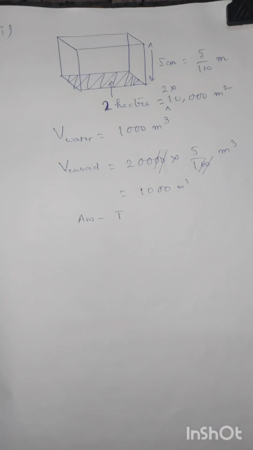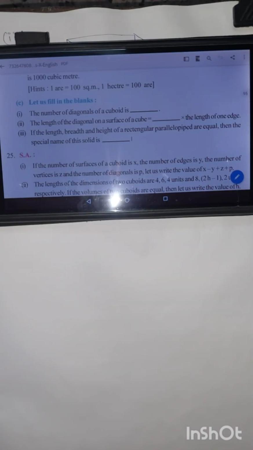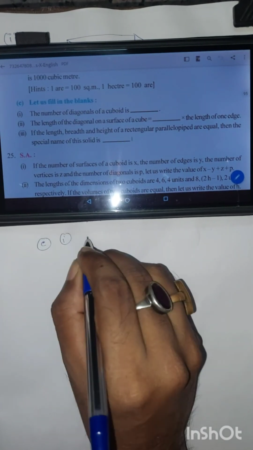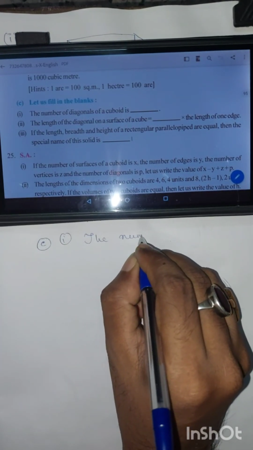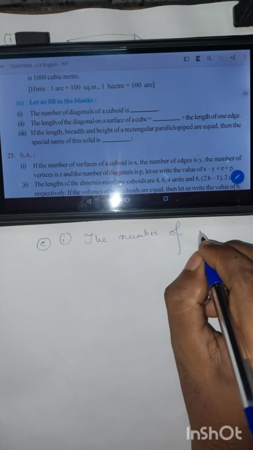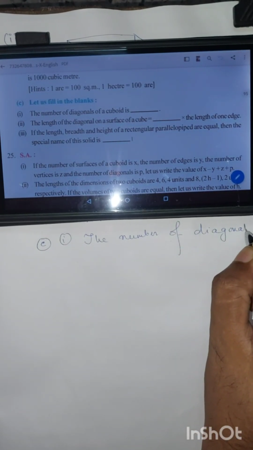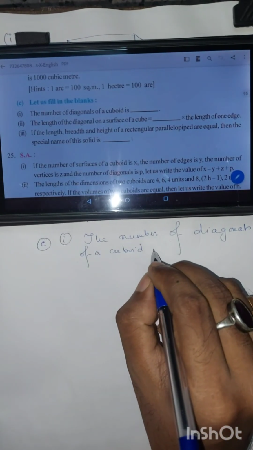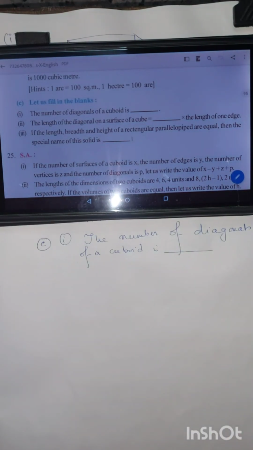Now let us do question C. So question C1 says the number of diagonals of a cuboid is a cuboid has 4 space diagonals.